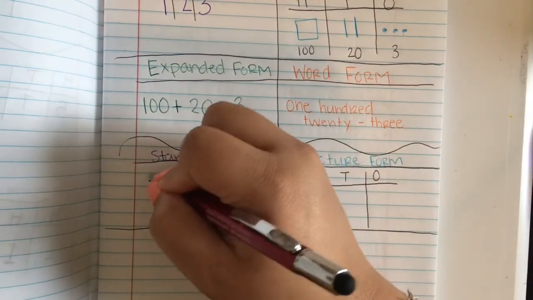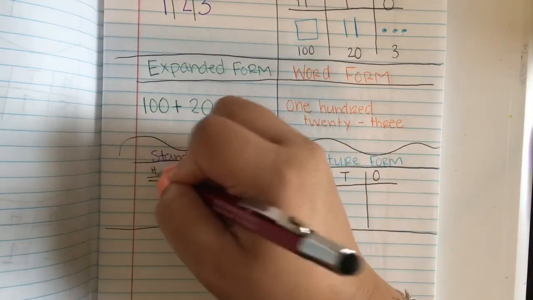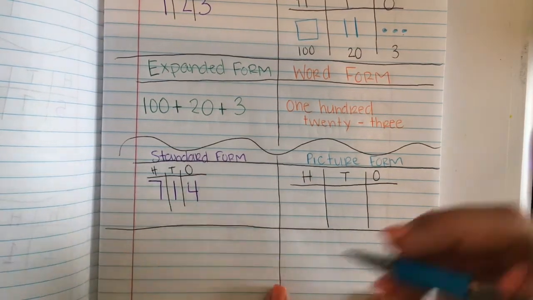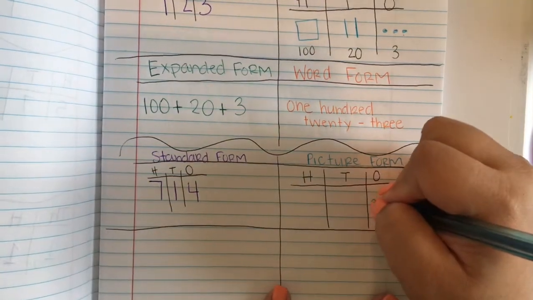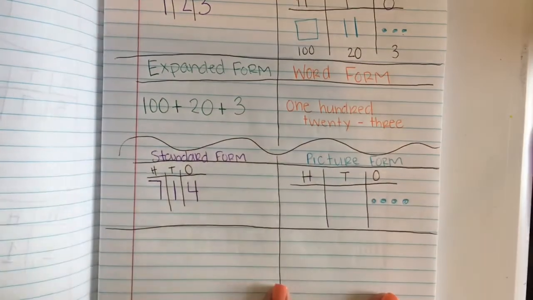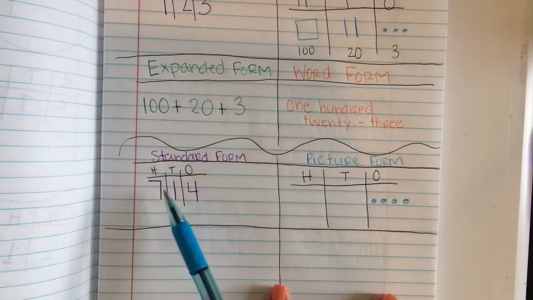This is going to help you a whole bunch. Hundreds, tens, ones. So now when we represent the number, we remember we always start with our ones. So there are 4 ones. I'm going to draw them right here. 1, 2, 3, 4.